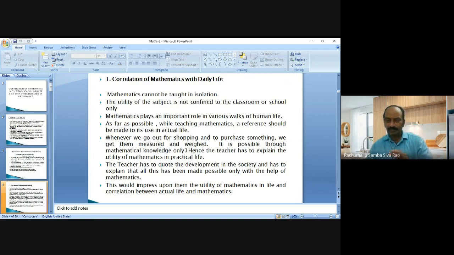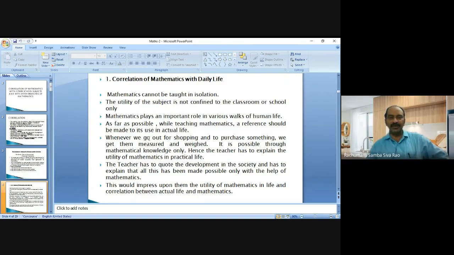Suppose the vendor doesn't have the knowledge of mathematics. What will happen? He doesn't know what weights we have to use for a kg, how many grams are there. He doesn't know the fundamental concepts of mathematics, then automatically he fails in his business.